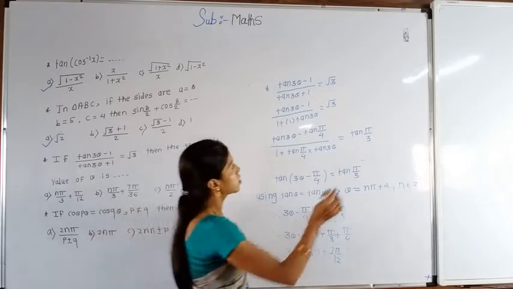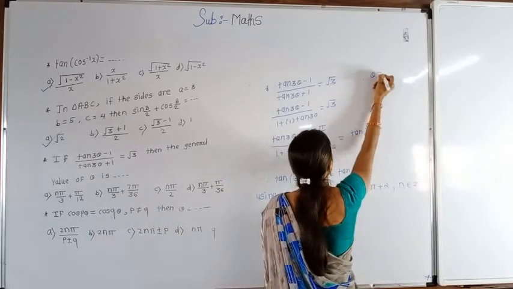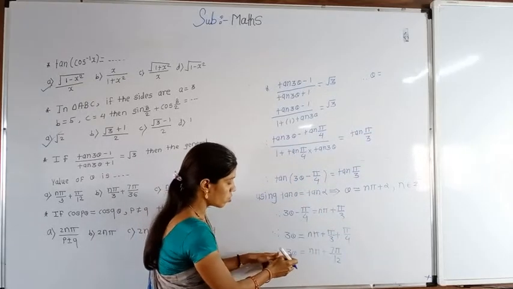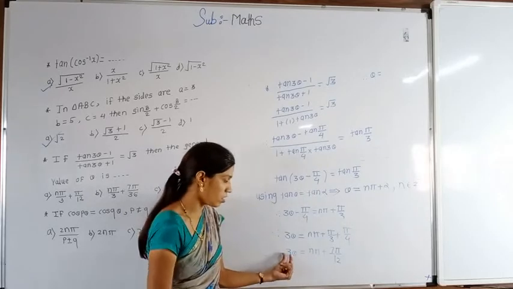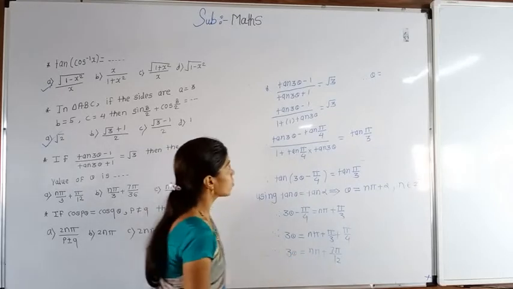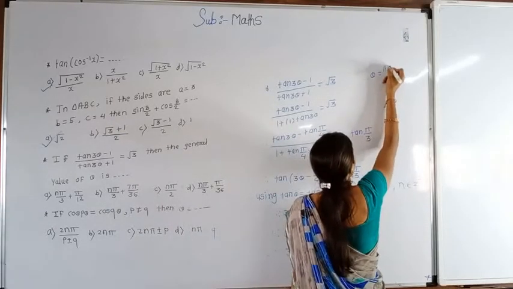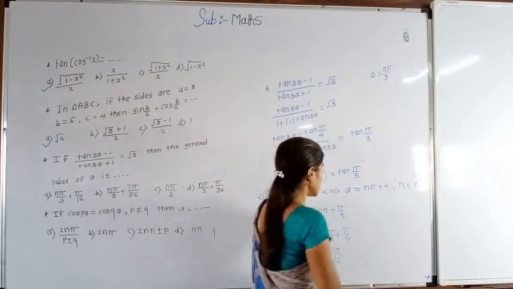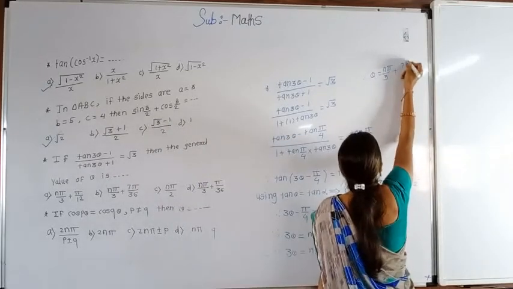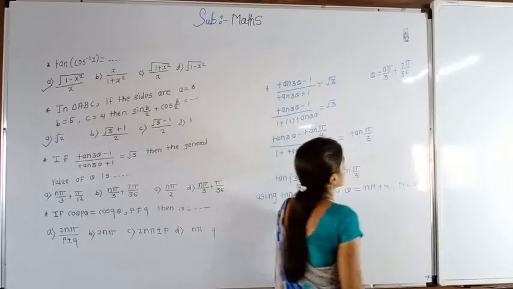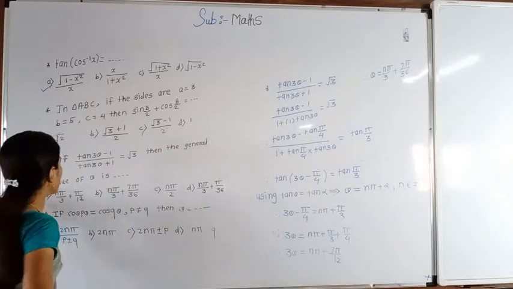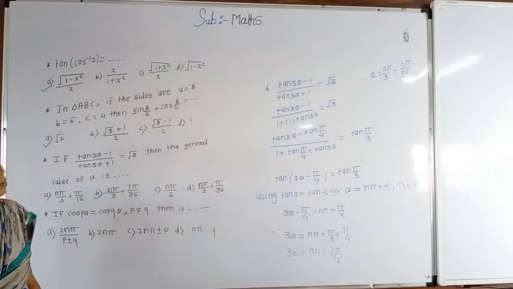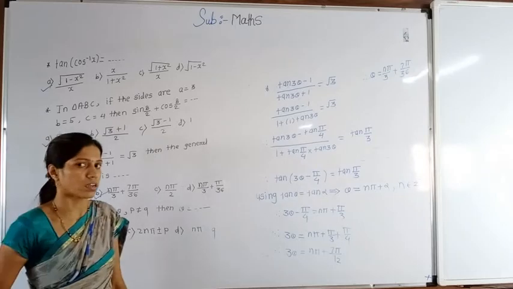Therefore the value of theta is equal to, this 3 is multiplied on this side, so transform it to the right hand side. We can write theta is equal to n pi divided by 3, and 3 12s are 36, plus 7 pi divided by 36. So in this MCQ, n pi by 3 plus 7 pi divided by 36 is the correct answer.